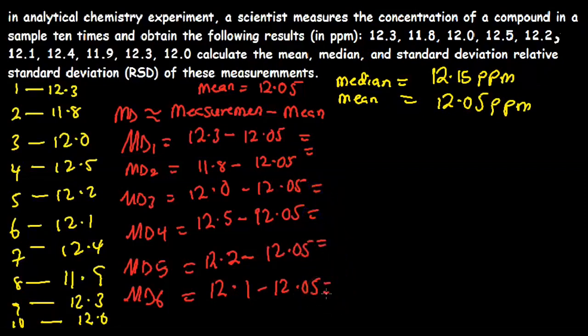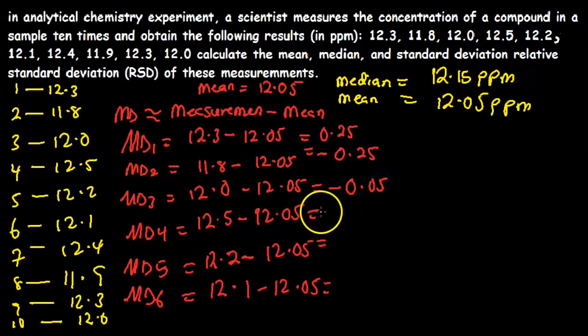Alright, the first one, if you subtract, is simply going to be 0.25. The next one is going to be negative 0.25, and the third one is going to be negative 0.05.